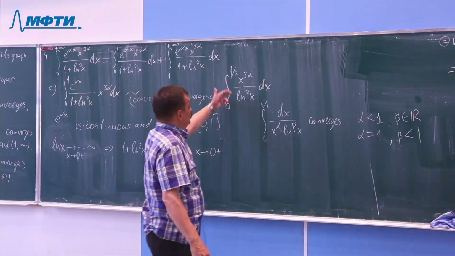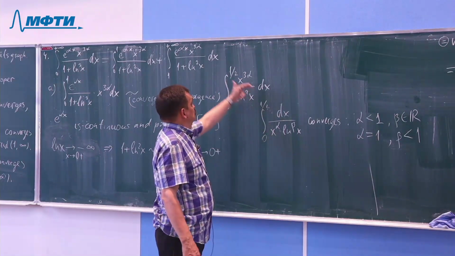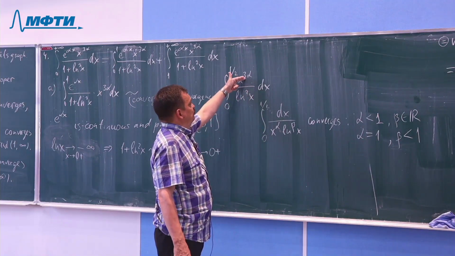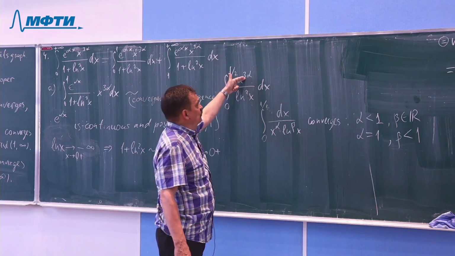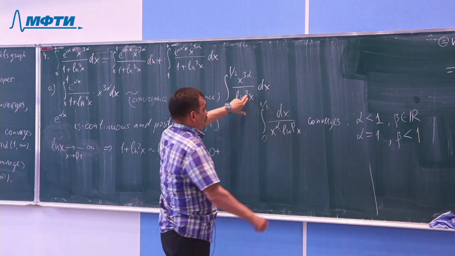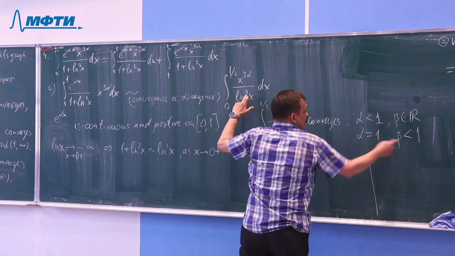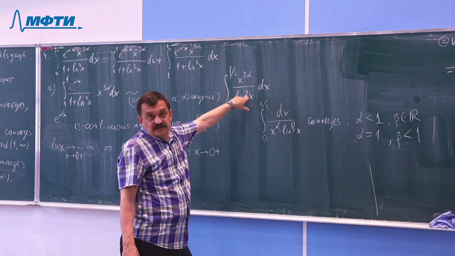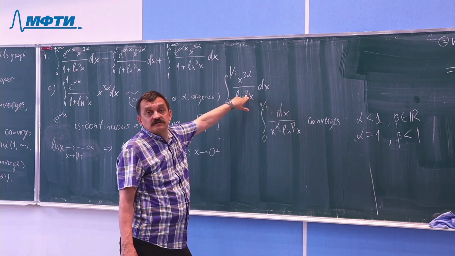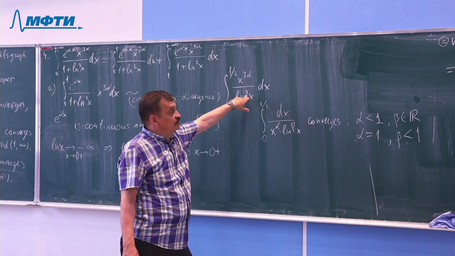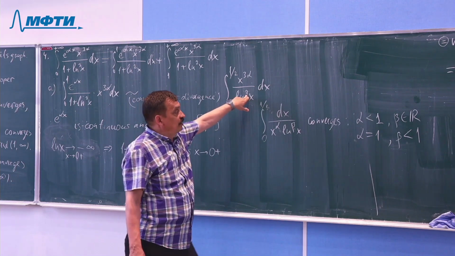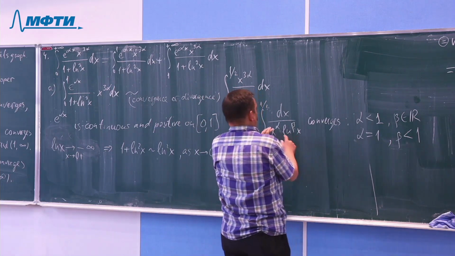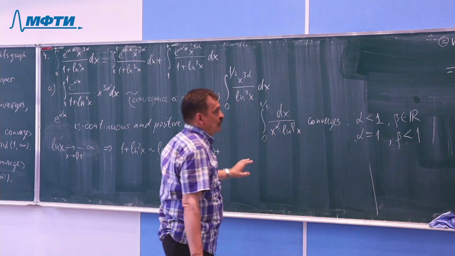Hence, here you see 3 alpha is in the numerator, but here we have 2, so this extra possibility of convergence doesn't appear. It means only the power of x is important for us.